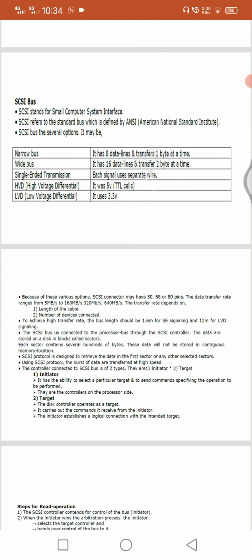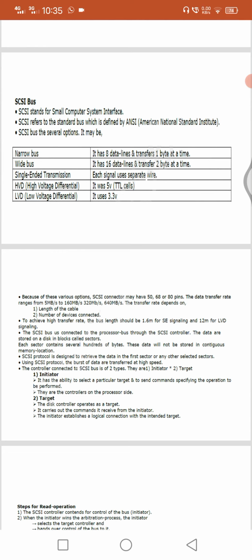Because of these various options, the SCSI connector may have 50, 68 or 80 pins. The data transfer rate ranges from 5 MB to 160 MB or 320 MB.